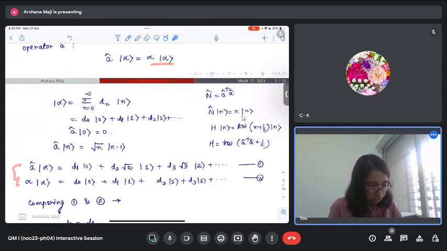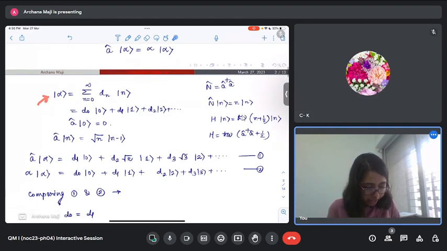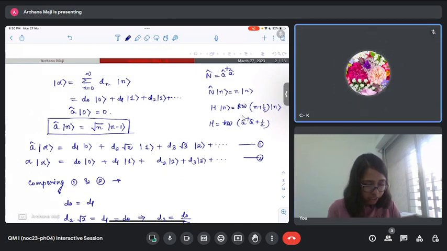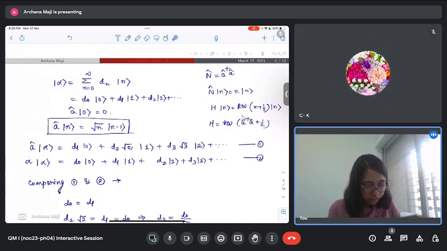In equation 1, a is acting on this state alpha. What would it give you? a acting on any ket n gives you square root n times ket n minus 1. This you know. So what will you get?